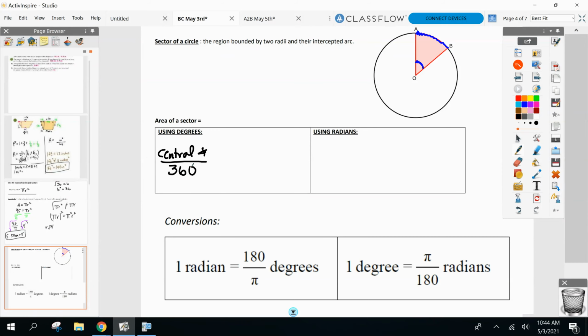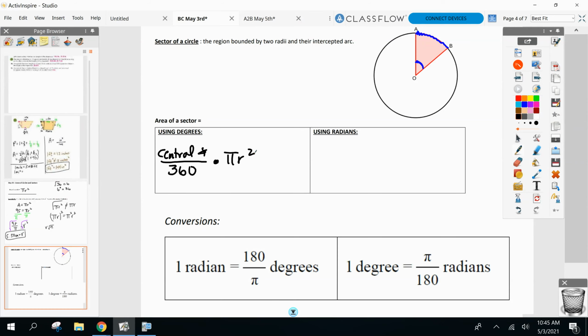That's how we started the length of an arc last unit, but instead of multiplying by pi d, the circumference, I'm not taking a piece of the circumference, I'm taking a piece of the area. So how do you think I'm going to finish this? Pi r squared. That's if your angle's in degrees.